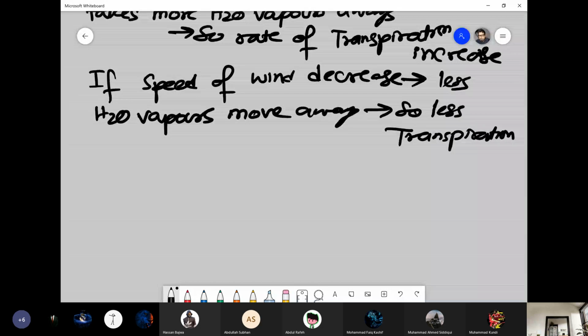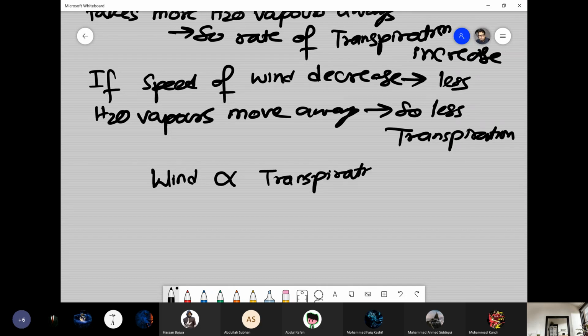Now, boys, as with the increase in the wind speed, the rate of transpiration is increasing, we say that the wind is directly proportional to transpiration. Got it, boys? Do you know what is the meaning of directly proportional? Yes, sir.